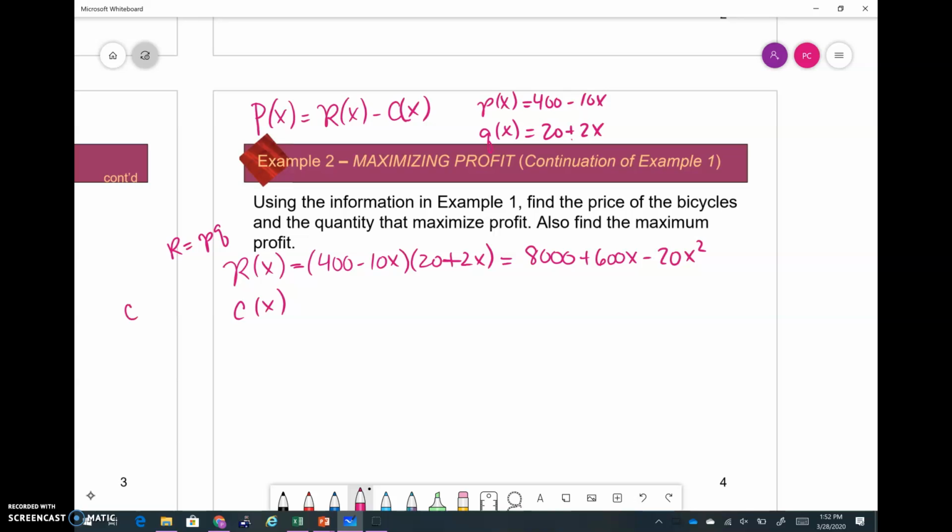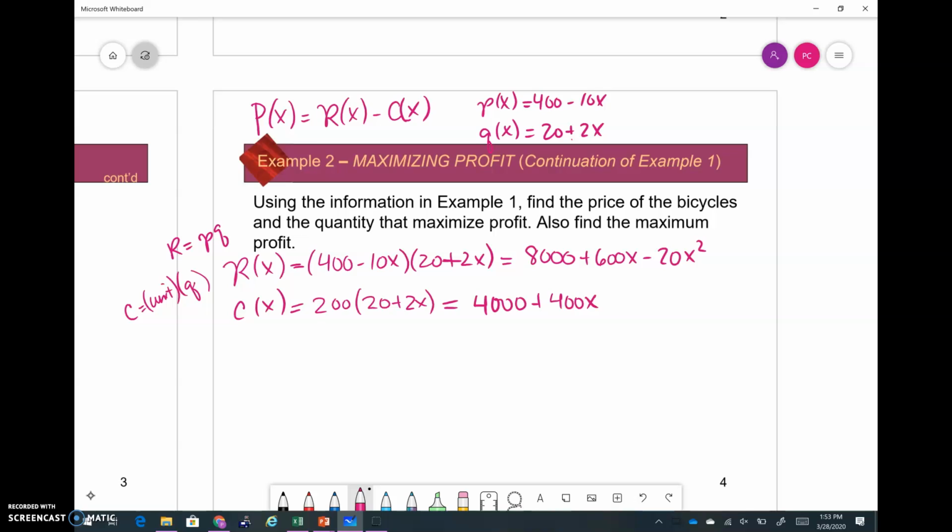Our cost function is going to be our unit cost times our quantity. So we have 200 times that quantity we found, 20 plus 2x. Multiplying that together, we end up with 4,000 plus 400x.